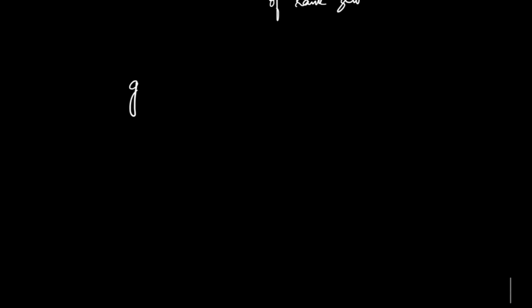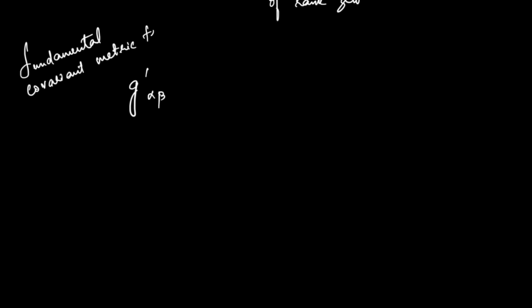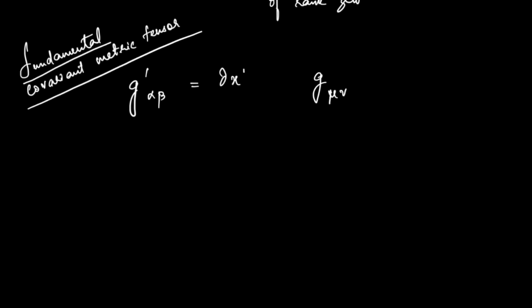So I'll take that. Why don't we take it directly? So G prime alpha beta, this is the fundamental covariant metric tensor. Let the transformation be partial derivative of x mu with respect to x prime alpha, partial derivative of x nu with respect to x prime beta. Now I have to take the determinant.